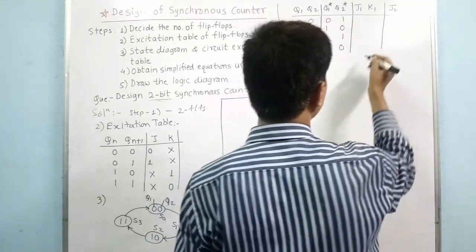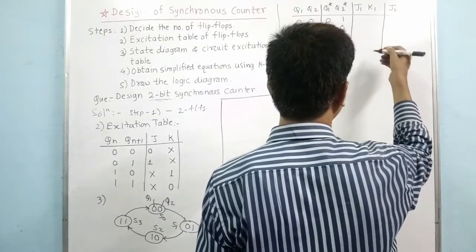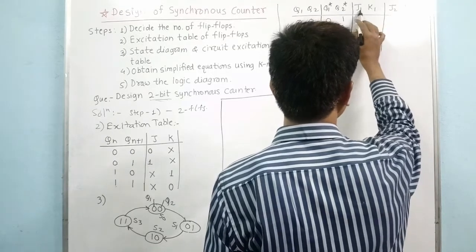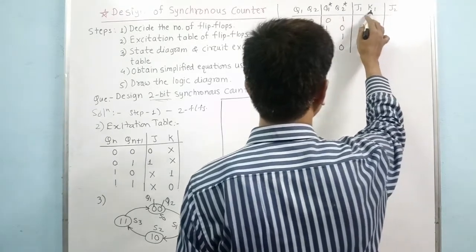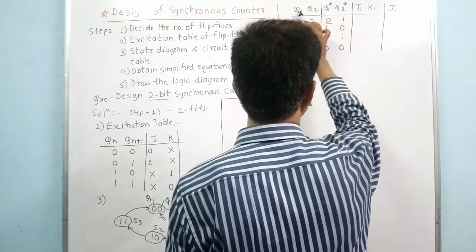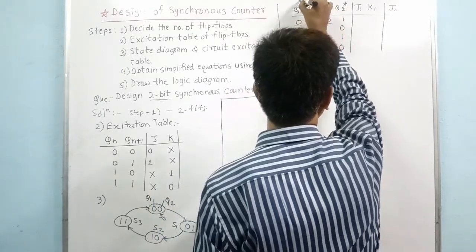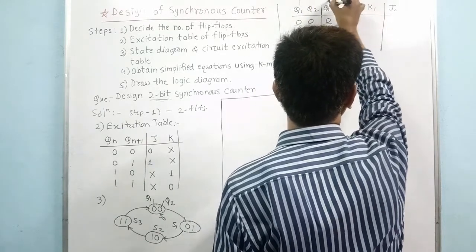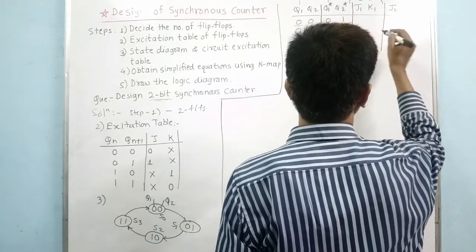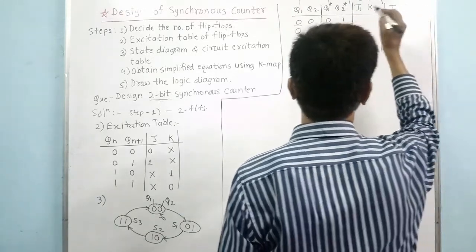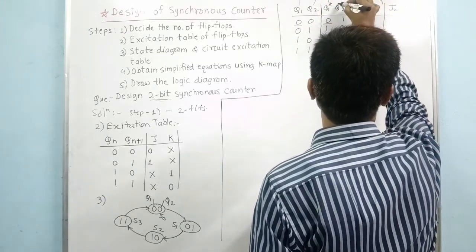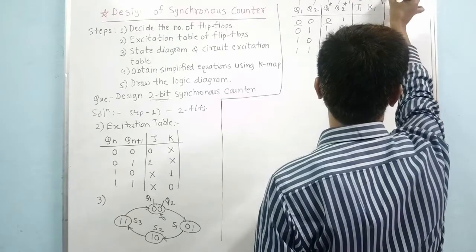So we have to find out the J1 K1 bit combinations. For finding out J1 K1 bit combinations, we have to consider Q1 and Q1 star only. For finding out J2 K2, we have to consider Q2 and Q2 star.